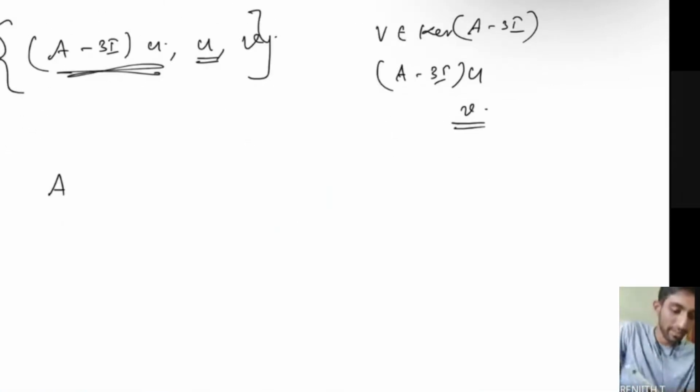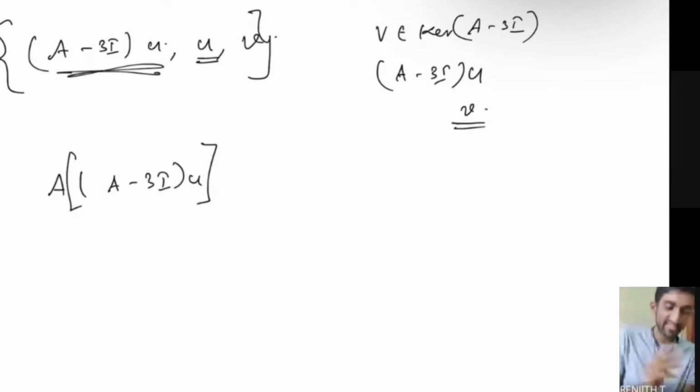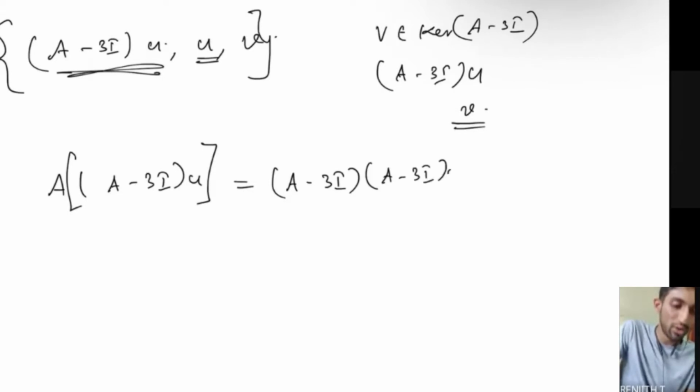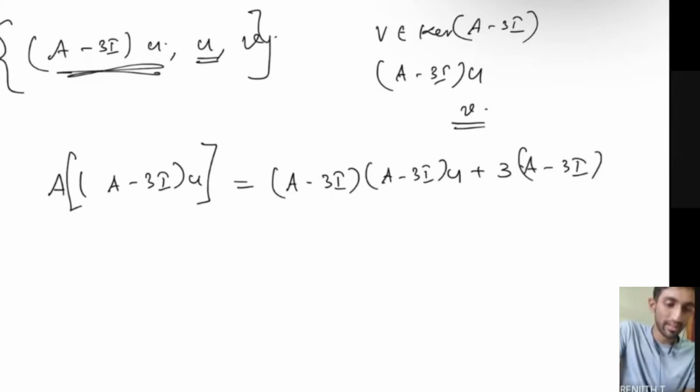If you compute A of (A minus 3I)u, just a simple computation, you can add and subtract 3I here. Then it will be (A minus 3I) of (A minus 3I)u plus 3 times (A minus 3I)u.